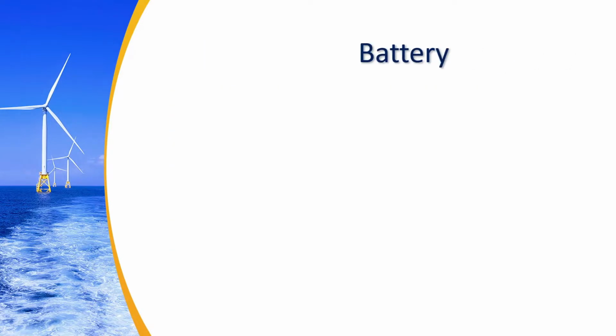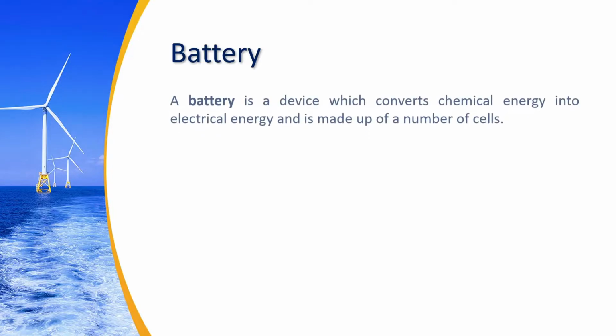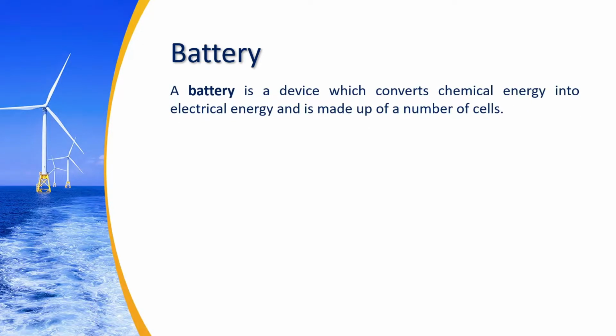Okay? So for the battery, a battery is a device which converts chemical energy into electrical energy and is made up of a number of cells. So marami ang combination ng mga cells ang battery.